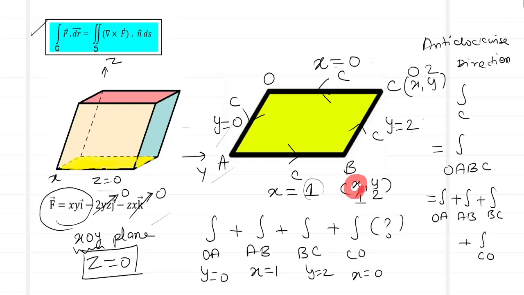Now see, where does your x vary? x varies from over here in this direction to over here. What is the value of x here? 1. What is the value of x here? 0. So x begins with 1 and x ends with 0. Keep in mind, you will have to go with the direction. Don't go in the opposite way.